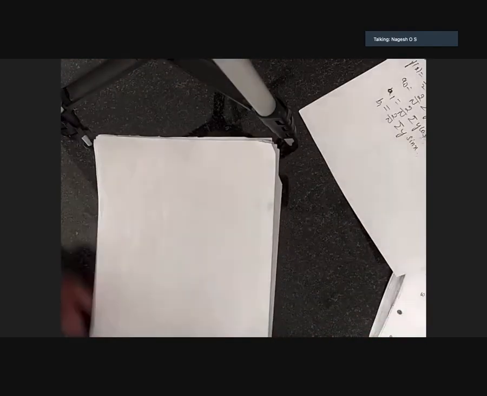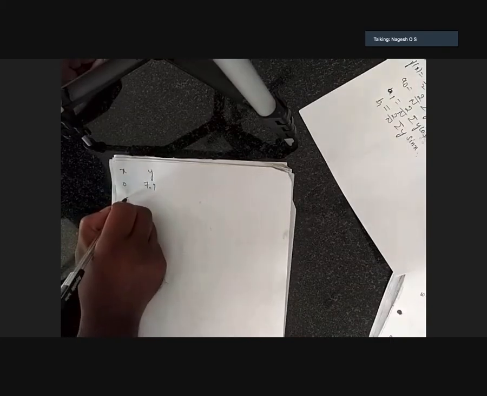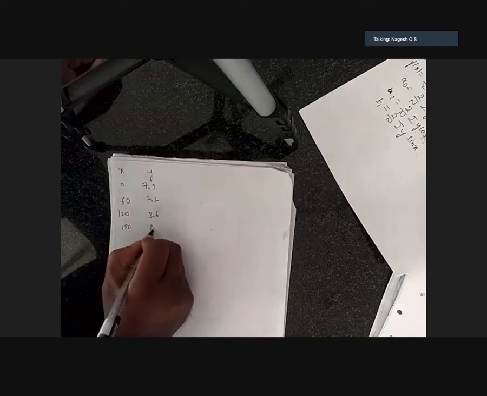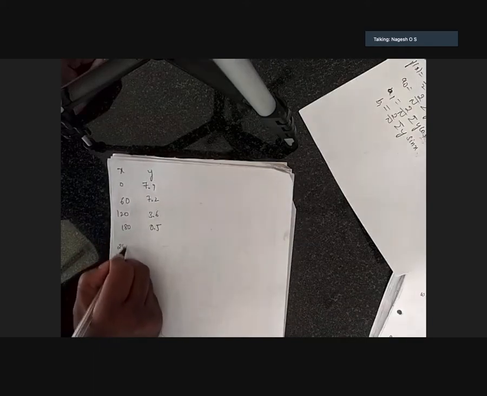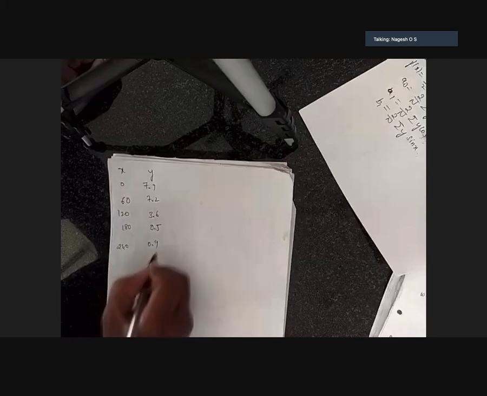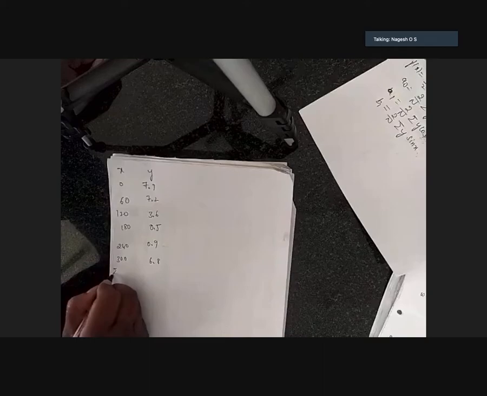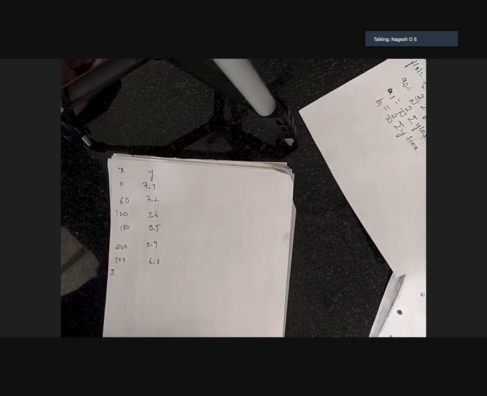Okay, we'll start constructing the table. First write down the given values. Y value for 0 it is 7.9, for 60 degree it is 7.2, for 120 degree it is 3.6, 180 degree 0.5, 240 degree 0.9, 300 degree 6.8, and summation means total.